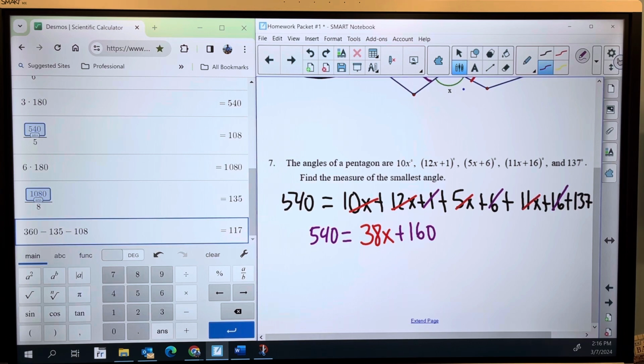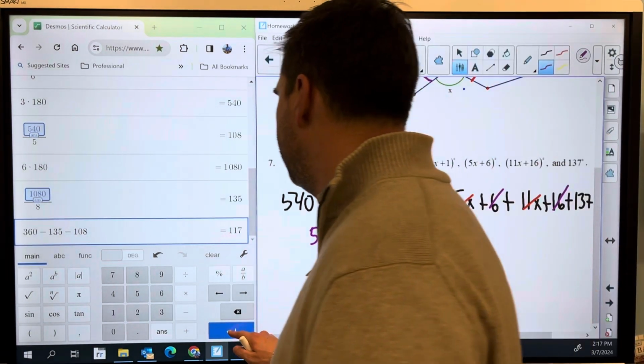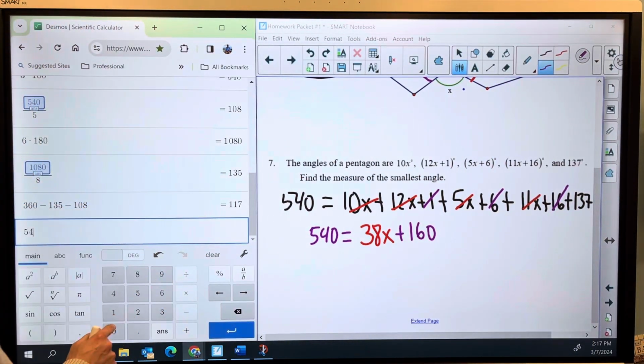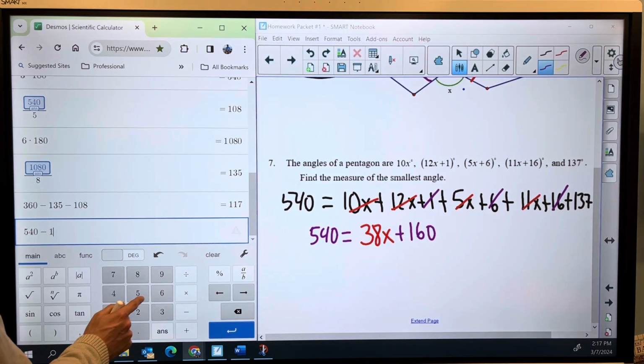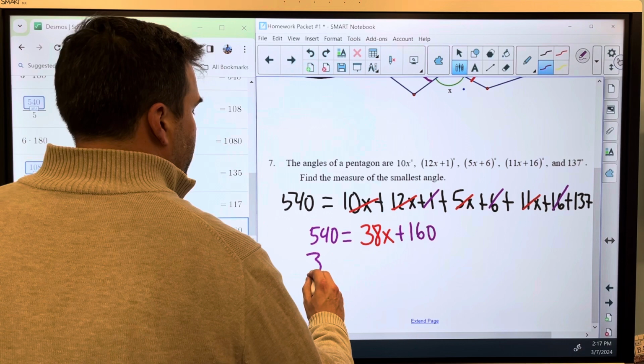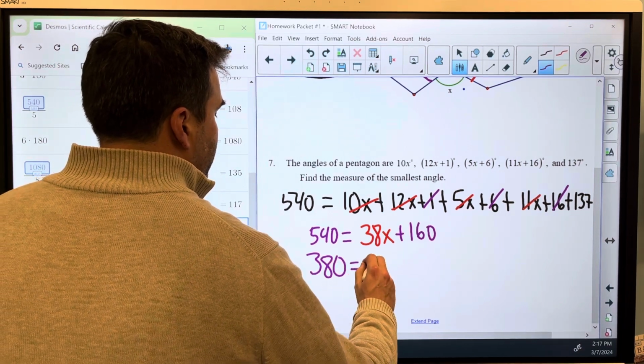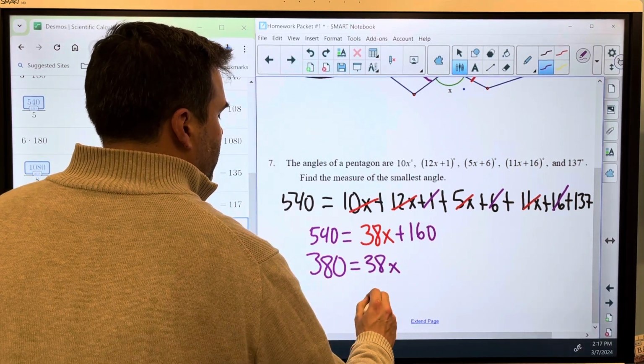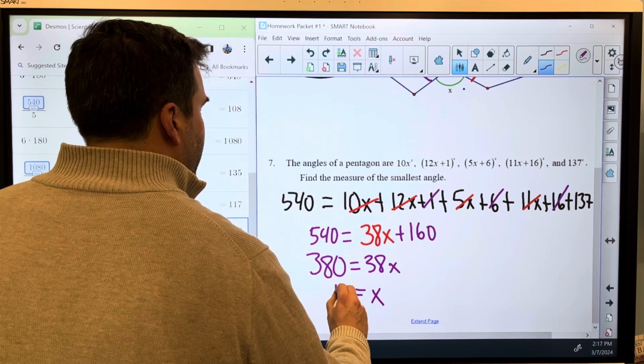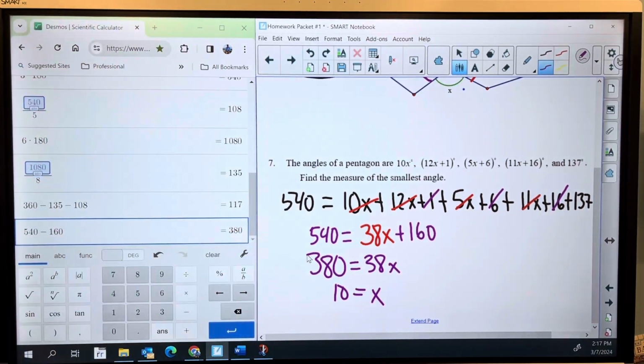I'm going to subtract 160 on both sides. Love to say I'm going to do this in my head, but it has been a day. So I'm going to go ahead and lean on that calculator a little bit. We end up with 380 equals 38x. Oh, I can do this one in my head though. x equals 10. Again, don't be fooled into thinking just because you solved x, you've got the answer to the question.